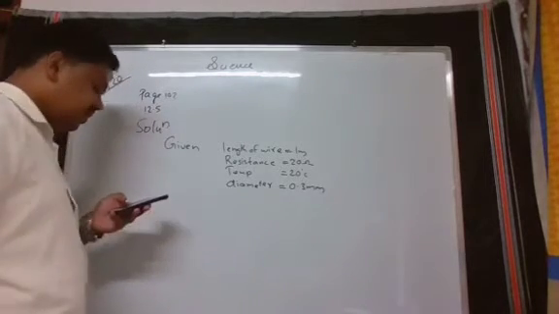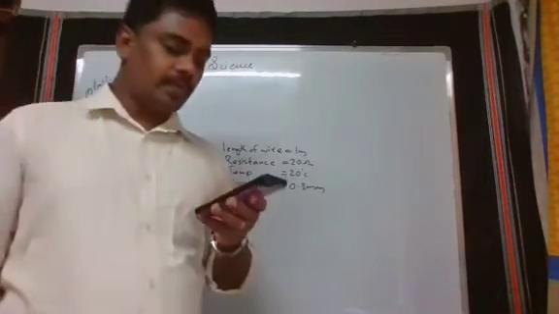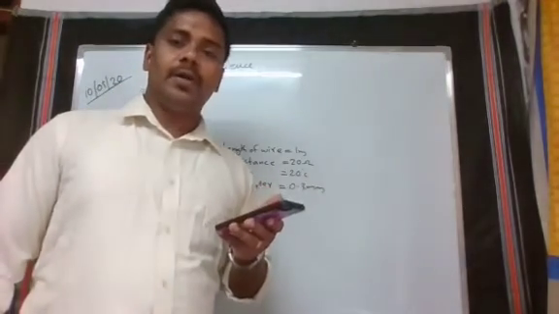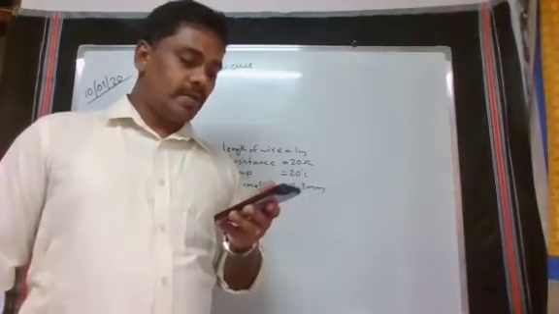Then we want to find the resistivity rho, and using table 12.2 we want to predict the material.